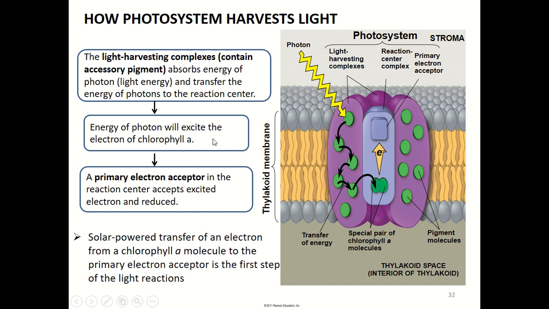Then the energy of the photon causes the electron in the ground state to become excited and go to the primary electron acceptor. Like when you get an electric shock, you will be shocked, it is the same with this electron. It looks like they got an electric shock. Then the primary electron acceptor in the reaction center accepts the excited electron and reduces it.